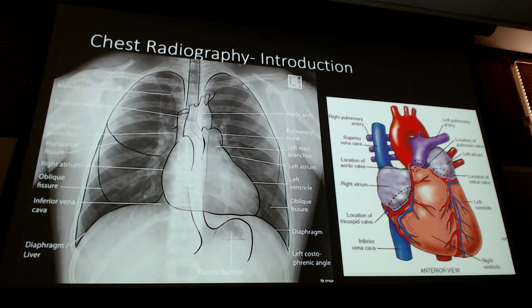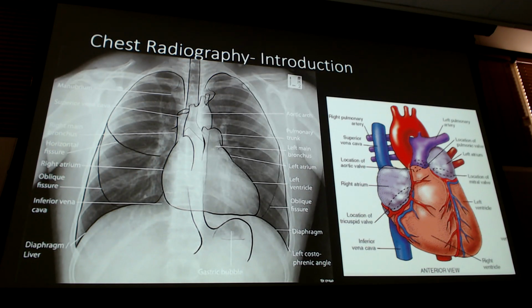Just kind of curves it in. Easier to see when you have this up on one area and a plain normal chest X-ray without the annotations on the other, so you can kind of look back and forth and figure out where things are and what they're supposed to be. Knowing normal for this is massive because then you'll be able to see what jumps out at you. All right? So there's your heart stuff.